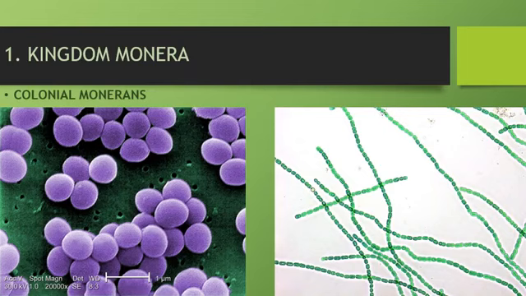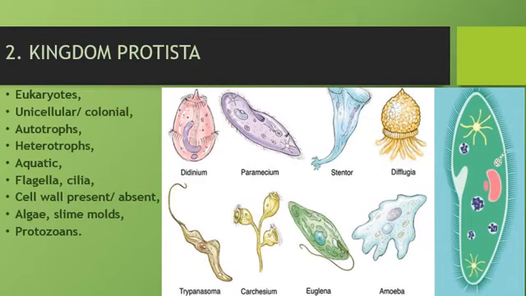Some of the protists have chlorophyll and they can make their own food by photosynthesis. So they are autotrophic in their mode of nutrition, while others don't have chlorophyll and they get their food from the surroundings. So they are heterotrophs.